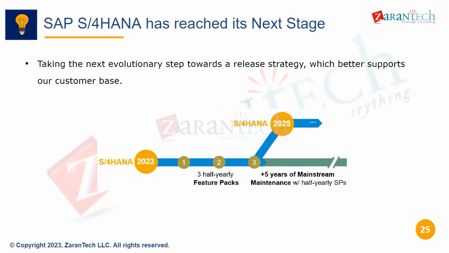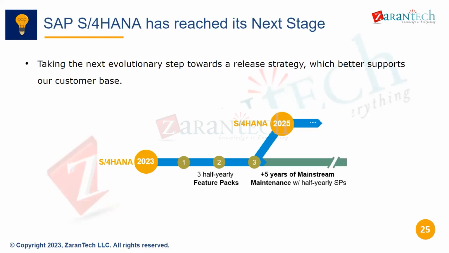Right, this one. Okay, so from 2023, SAP has changed its release strategy and also the mainstream maintenance. As I mentioned, until the 2023 version, SAP used to release one new version every year. But from 2023, we will get the next version after 2 years. So now a new version will be released every 2 years.